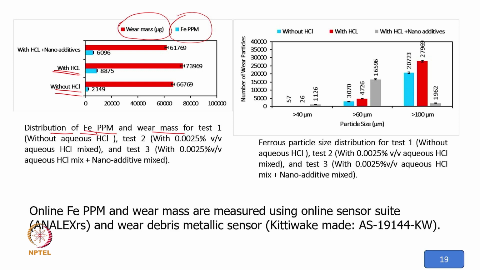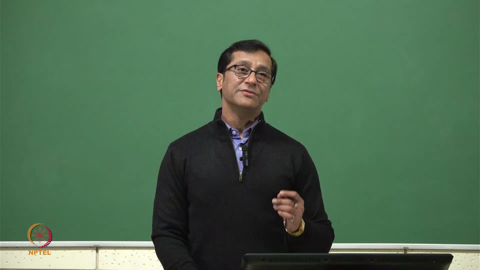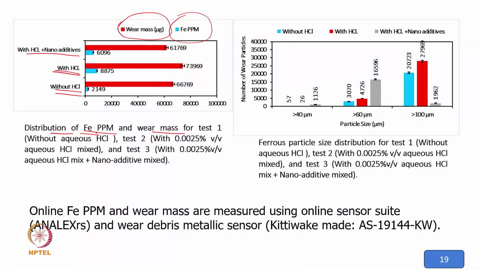Then we do an accelerated test using a weak acid, HCl. And then in addition we use nano additives, because in lecture 15 we learned that nano additives really improve performance. They act as anti-wear as well as EP additives, so extreme pressure conditions can be handled. That's why we use three situations.